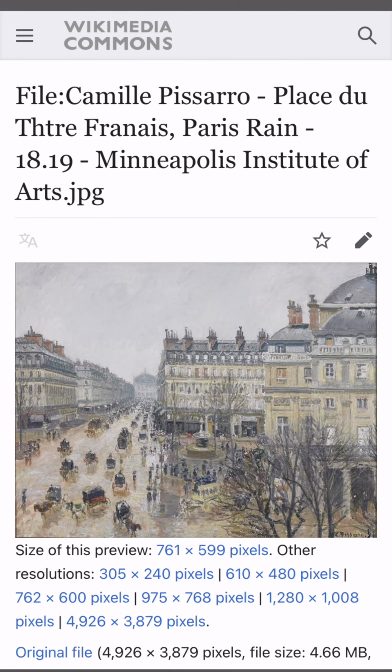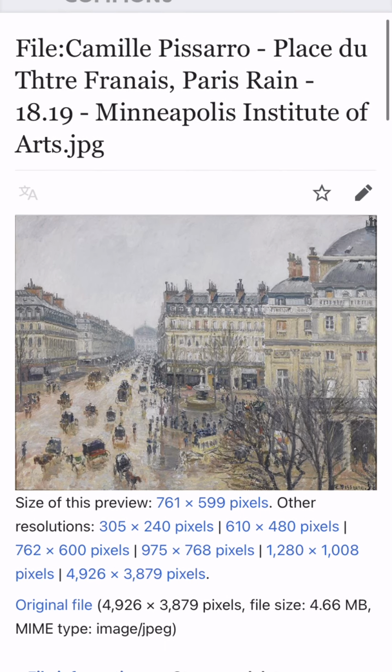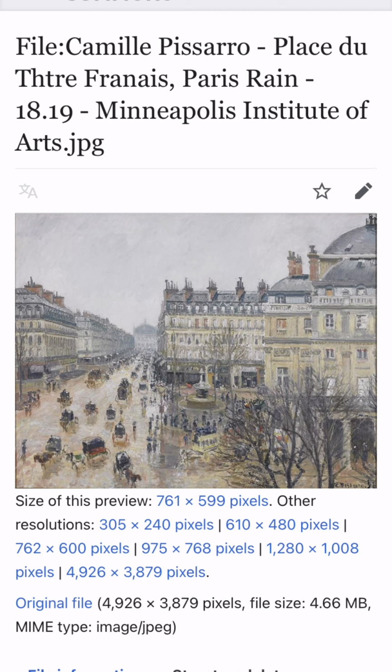Let's go ahead and select another paintbrush. Here we have a painting by Camille Pissarro. Now let's look at what we have here in terms of positive and negative space. What would be our positive space? There's a few answers for this one.